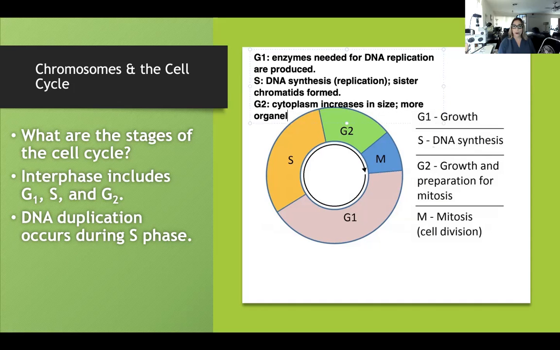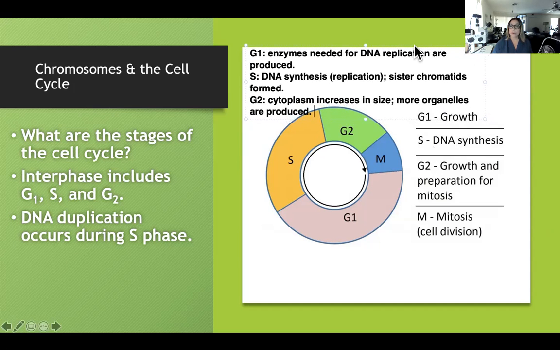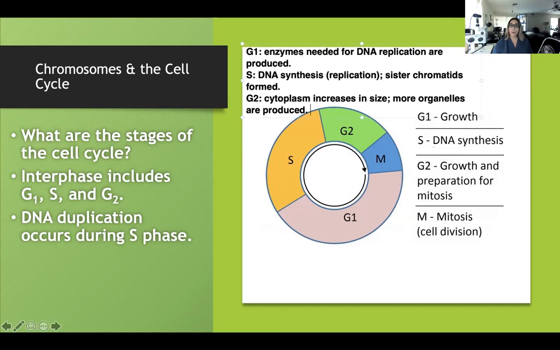More organelles are produced. Basically, when a cell goes through mitosis, you're starting with 1 cell and you end up with 2. You can't have just the original contents of your cell and then it divides in 2. You would have 2 tiny cells.